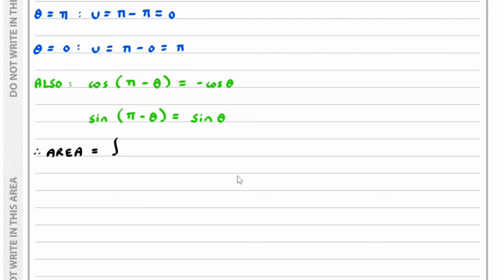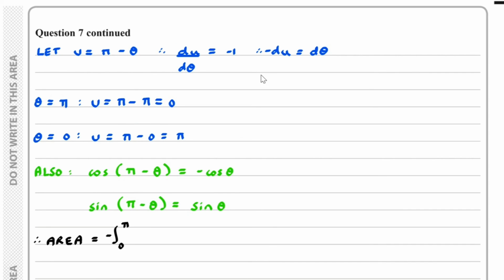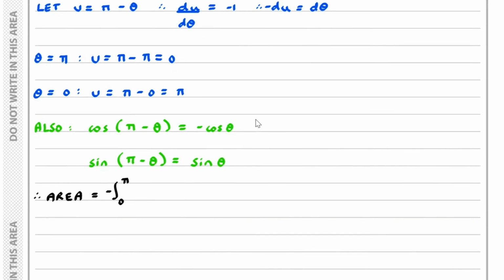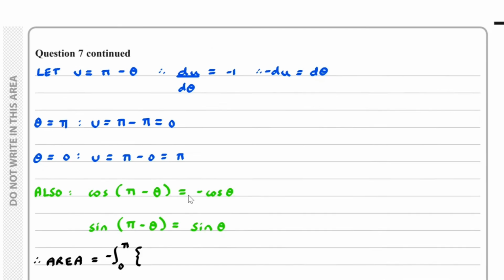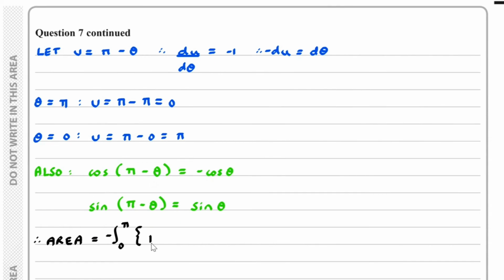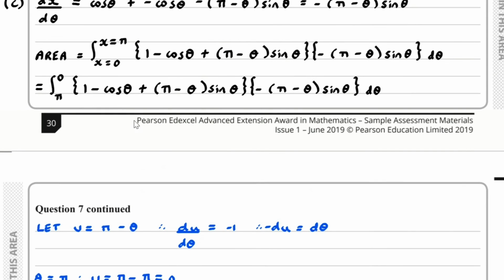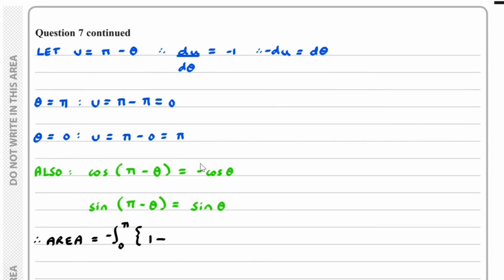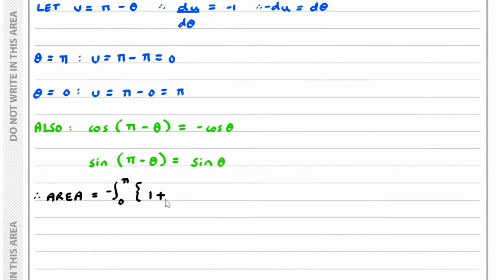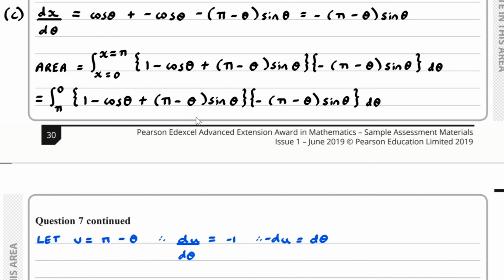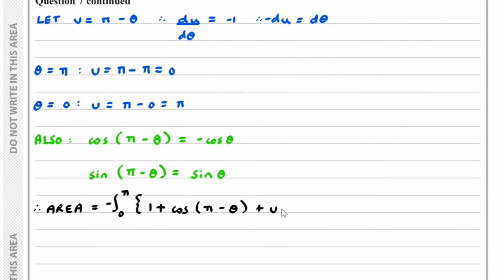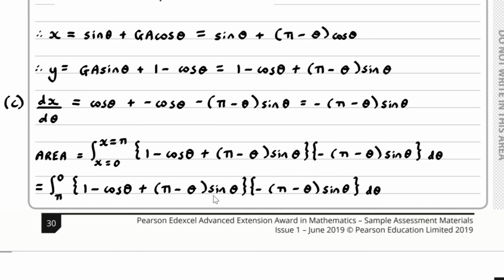Well, I've got the integral from 0 to pi, and if I take the minus from here, because I've factored out a minus, then inside the bracket, what will I have? Well, I've got the 1, and here I've got minus cos theta, but minus cos theta is the same as cos of pi minus theta, and then I've got plus pi minus theta, so that's plus u, multiplied by sine theta.